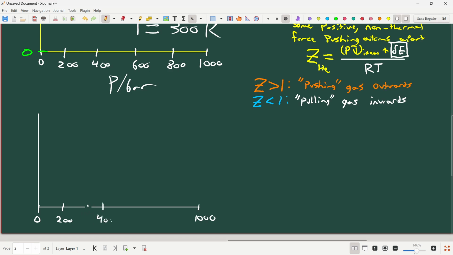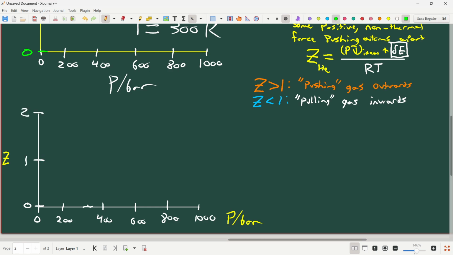That looks good. 600, 800. And then this is pressure, of course, on the x-axis in bar as before. And we're going to plot Z on the y-axis, and we'll vary it between 0 and 2 as before. All right, and let me just redraw my ideal gas plot.